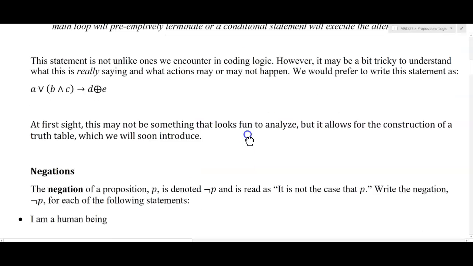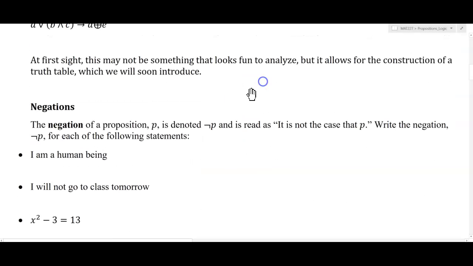So as there are statements, it's important to be able to talk about the negation of a statement. So the negation of a proposition, we'll call that proposition P, is denoted with this little sideways backwards L, and that is read as "it is not the case that P," or you could say "not P."